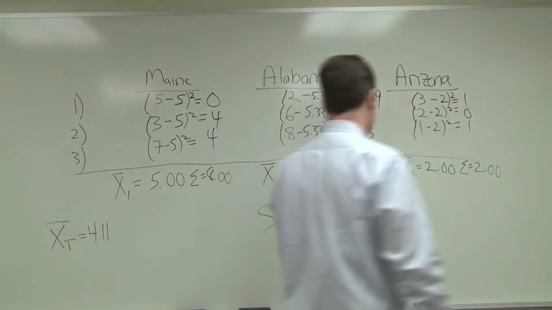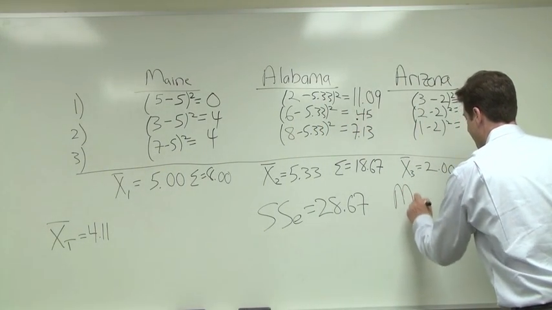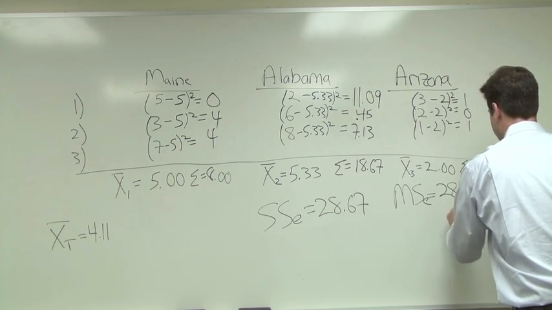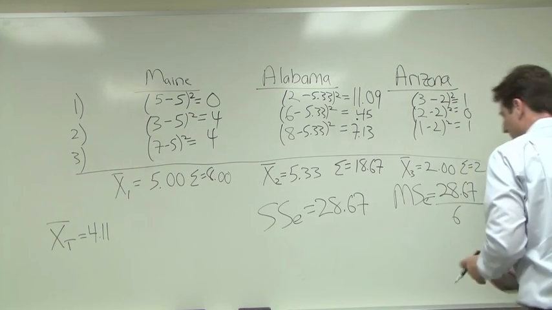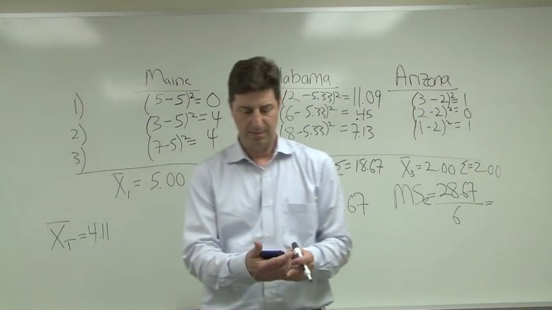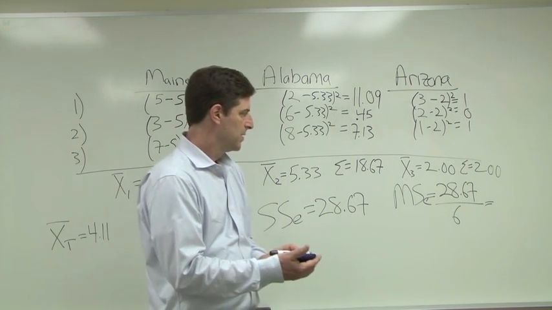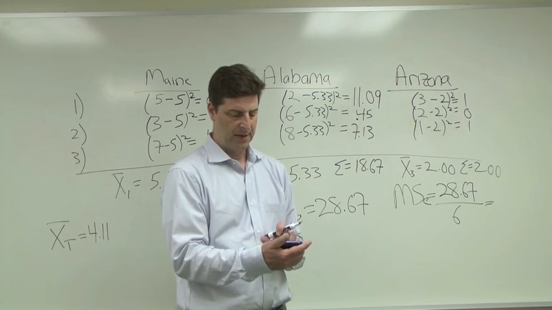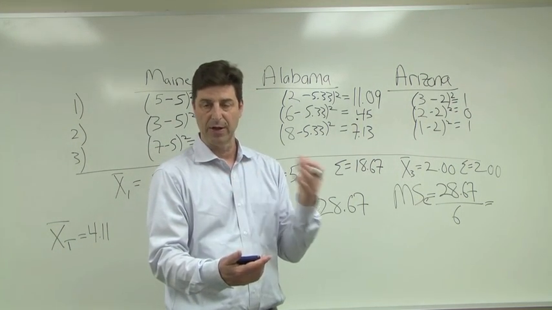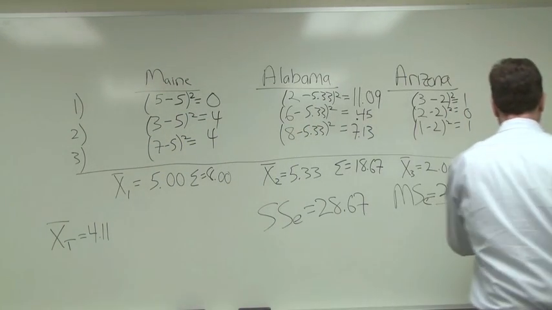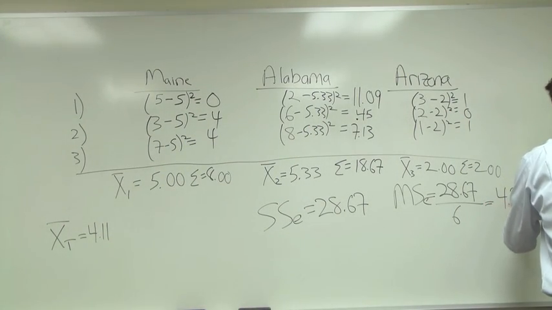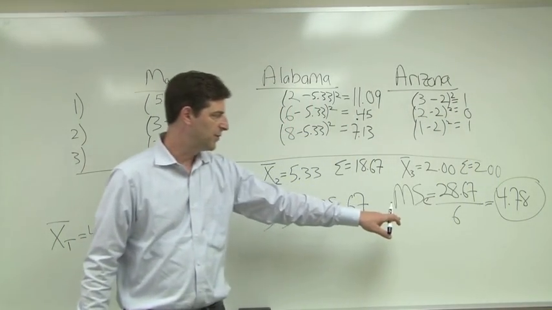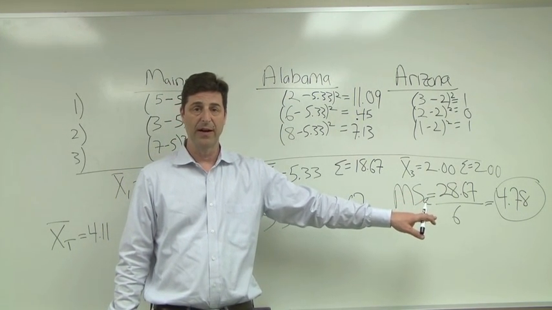So let's do this on the calculator. 28.67 divided by 6 equals 4.778, so we're going to round to 4.78. Okay, so that is our mean square error. That's going to be the denominator of our F ratio.